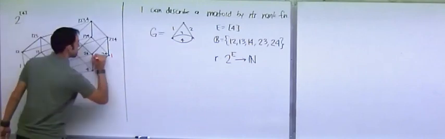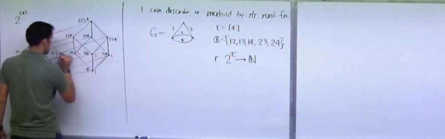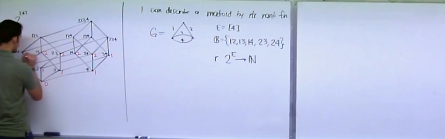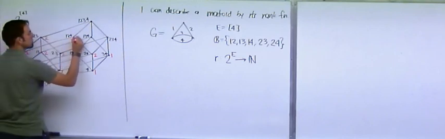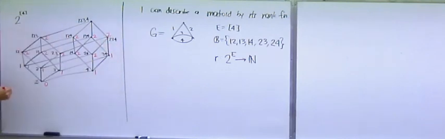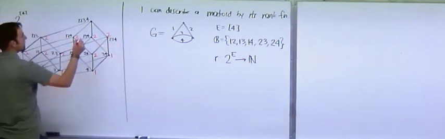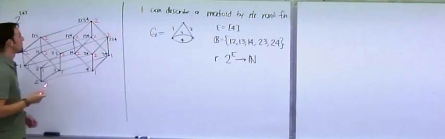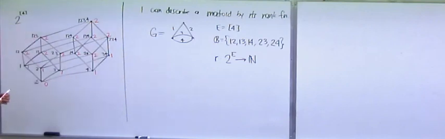So 3, 4 has rank 1, and everything else has rank 2. Okay. Now, any set of 3 edges has rank 2, because every set of 3 edges is spanning. And the whole set has the rank of the matroid, which is rank 2.